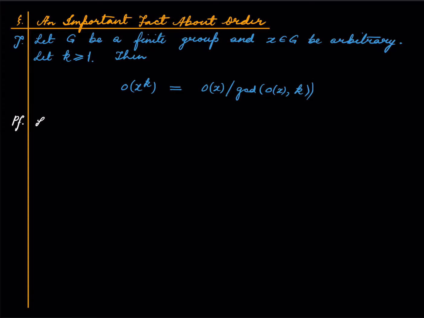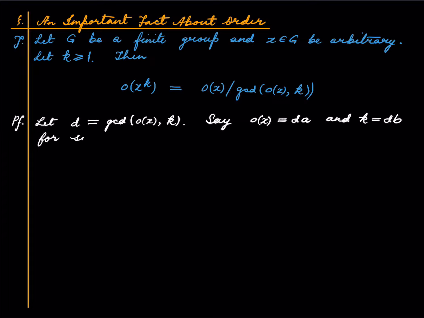So let D equal the GCD of the order of X and K. Say the order of X is dA and K equals dB for some natural numbers, and note that A and B are relatively prime.